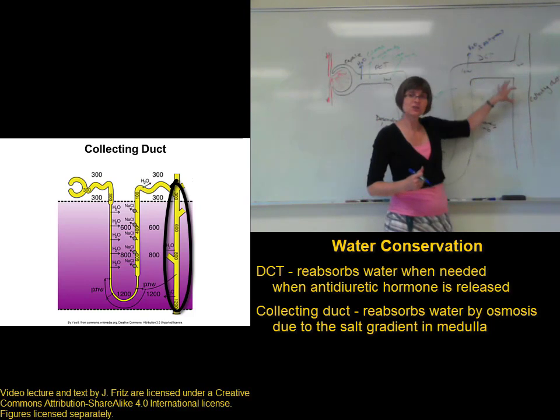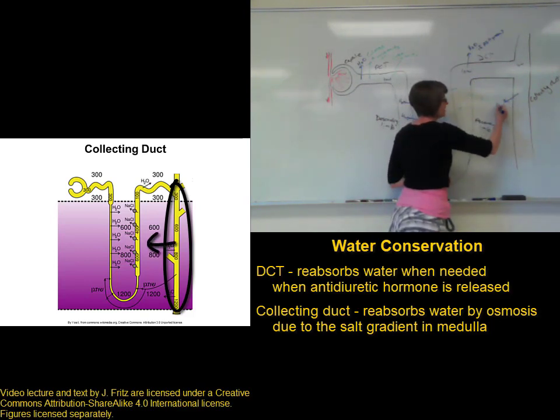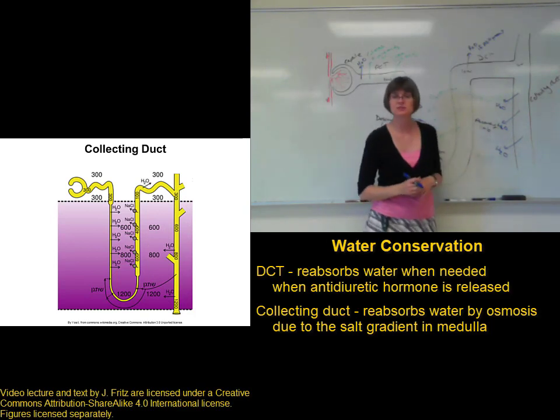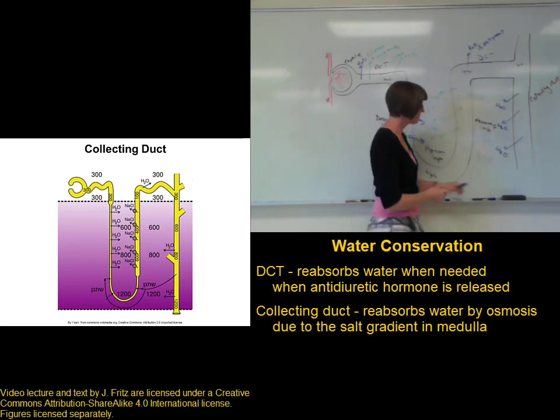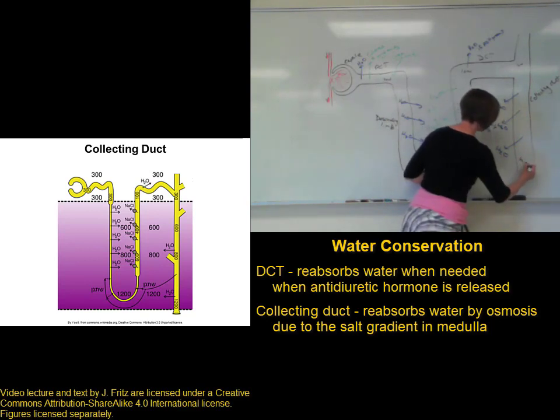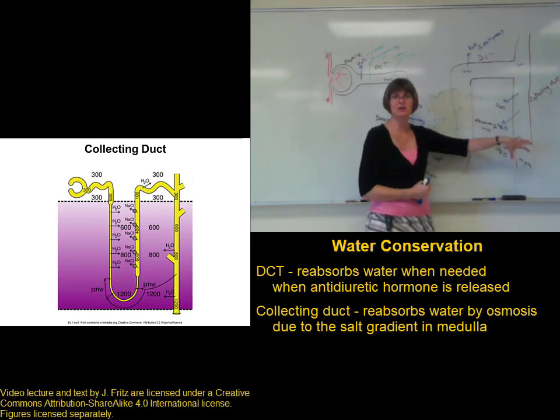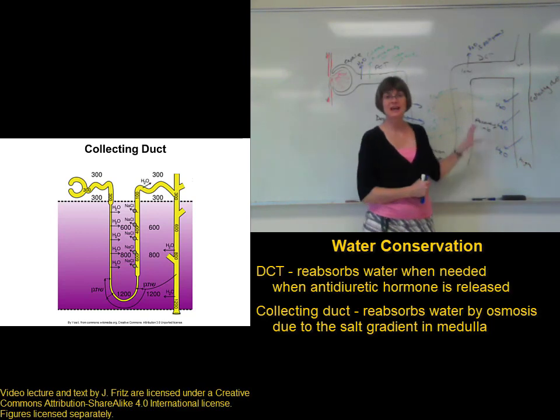As the collecting duct goes down through the salt gradient of the medulla, water is attracted to the solutes of the salt gradient, and more water is reabsorbed by osmosis. By the time we get down to the end of the collecting duct, where it's going to begin to drip into a minor calyx, we have a very highly concentrated urine. So we've taken all of the wastes and concentrated them into a very small amount of water so that we can get rid of the wastes without dehydrating.